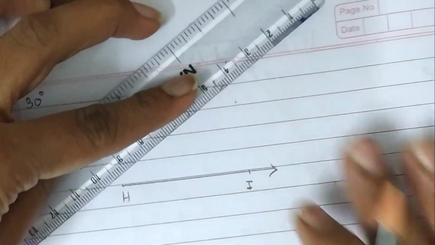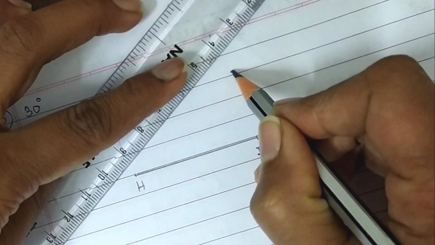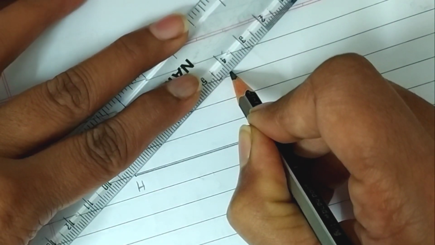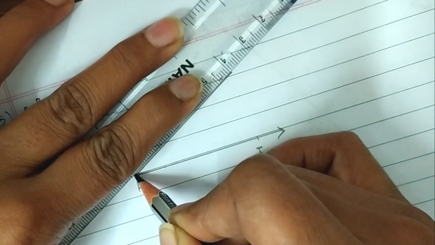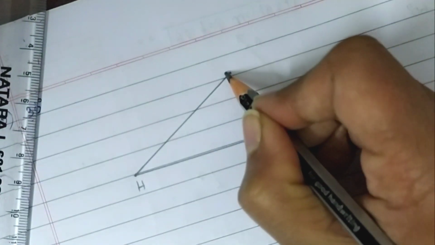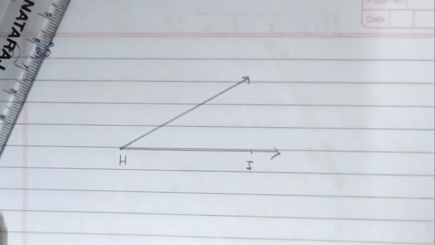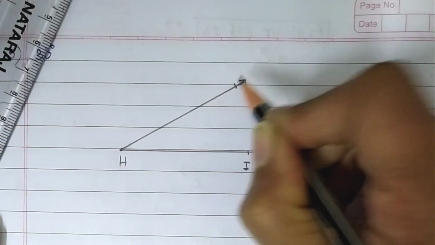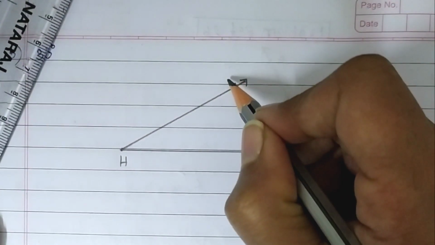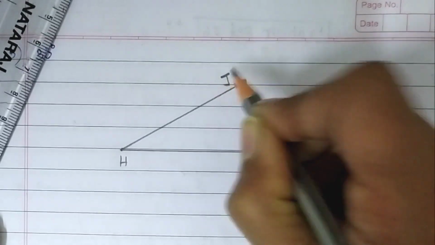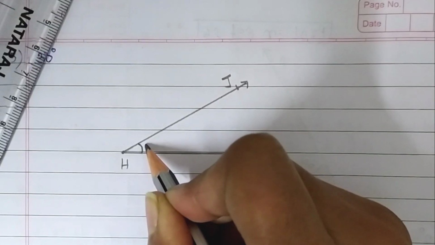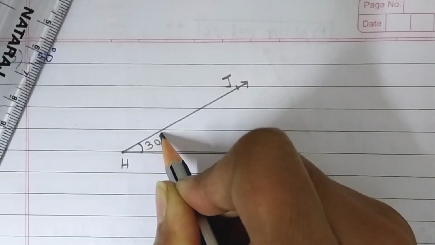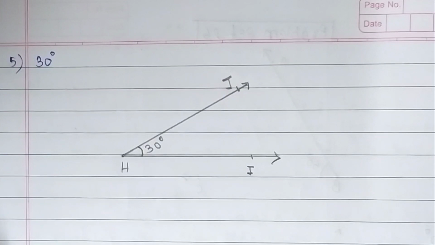Join this mark to our vertex. Give it a name. Now write here our measurement for given angle, 30 degree.